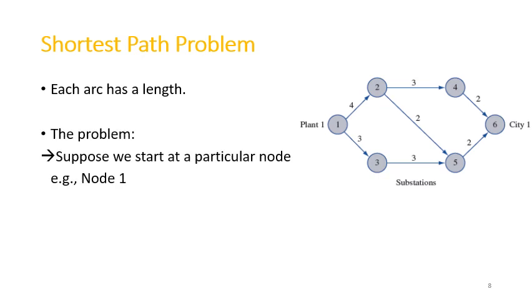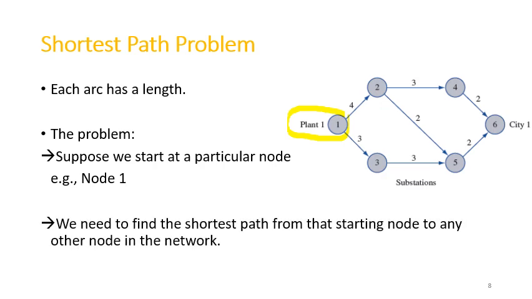So the problem is that suppose we start at a particular node. Suppose you're starting in this place. You can think of it as a city, as a location, or a place. Suppose we are starting at this node, node 1, and then we need to find the shortest path from this starting node to any other node in the network.